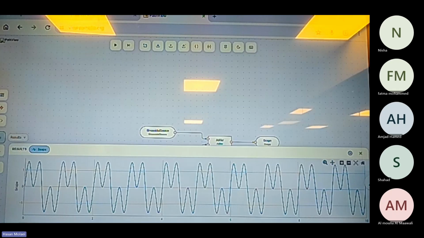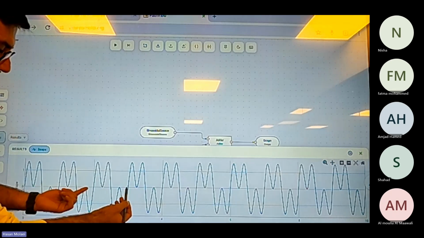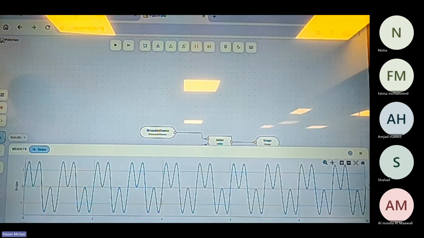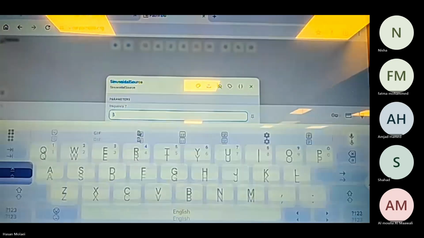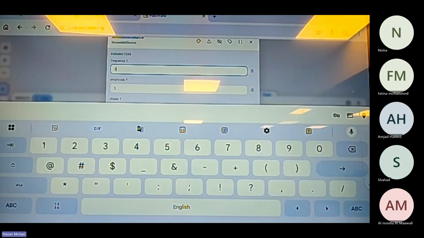The period, exactly. The period is from here to here. It is 1 second, frequency 1 over T, which is 1. If I change the frequency of the first one to 2 Hz, what will happen?